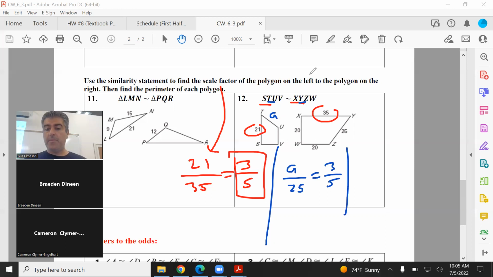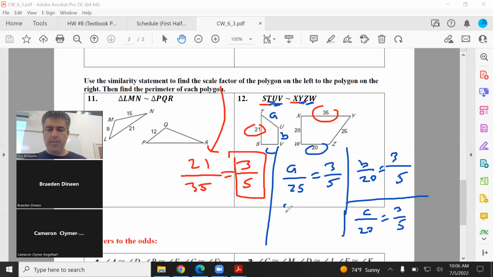Then I'll call this B. UV lines up with ZW, which is 20 here. And lastly, C, WX. So C over 20 also equals 3/5.